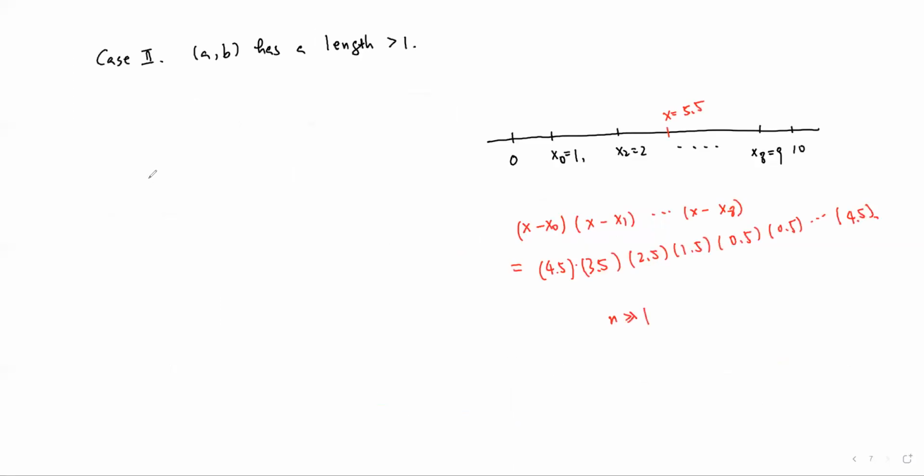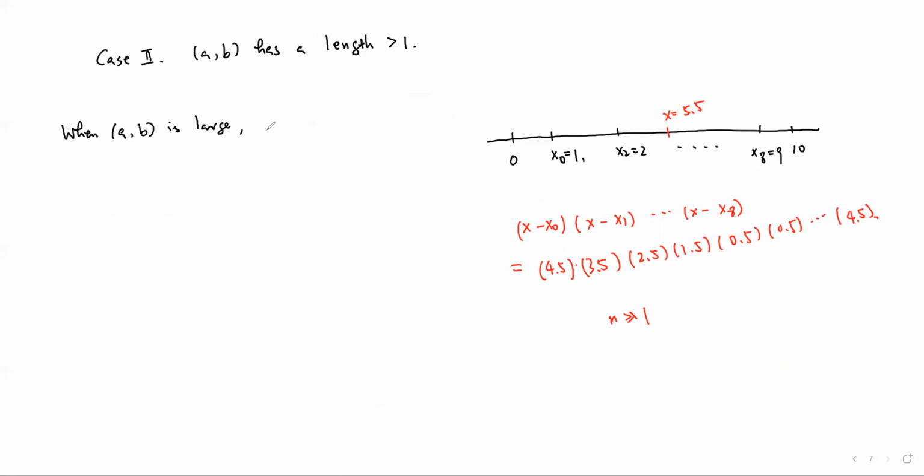When the interval is large, the idea to overcome the difficulty is to cut the interval into subintervals, each subinterval with length less than 1.